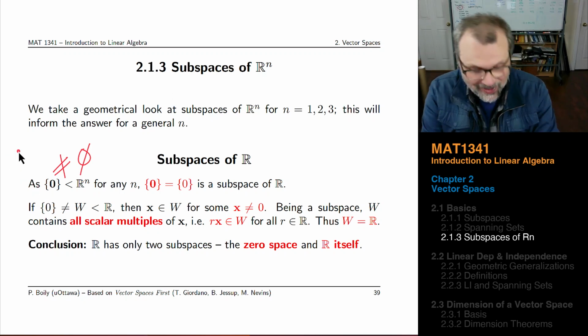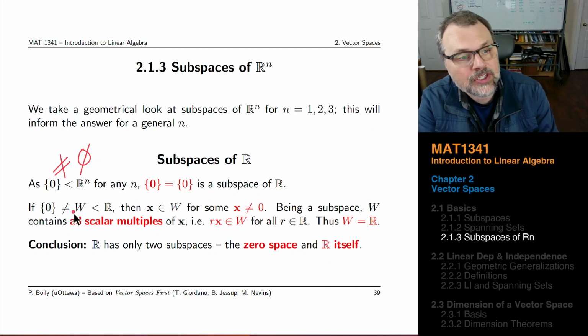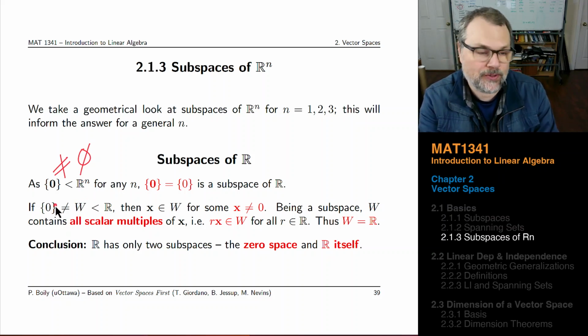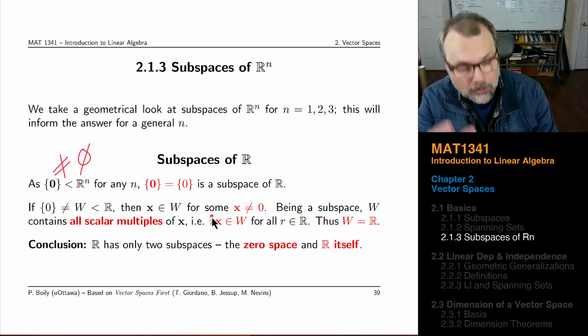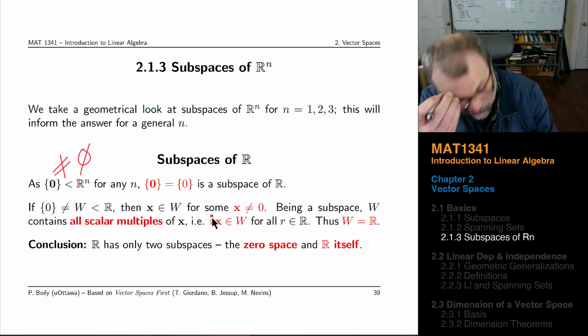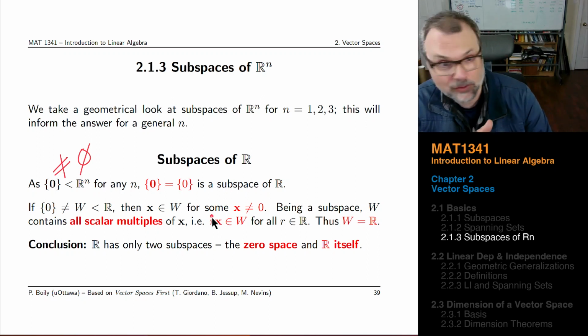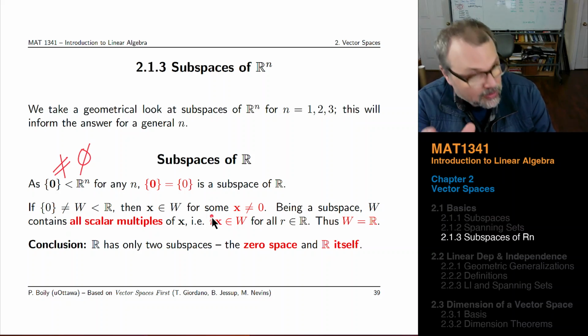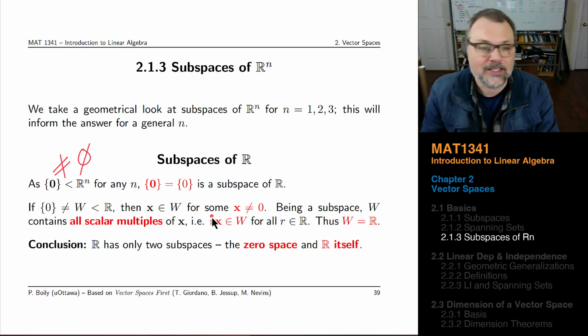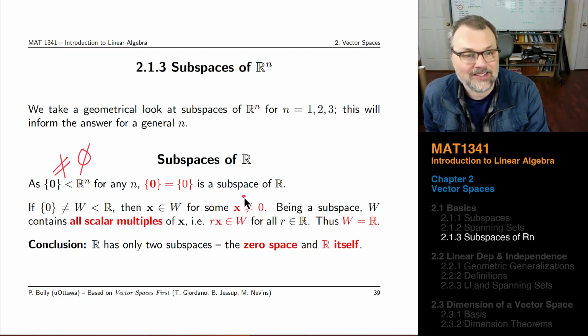Now, if you have any other subspace W which isn't just the zero subspace, so it contains something, call it X, which is not 0. If not, then the only thing it contains is 0, and then we're back in the zero subspace case. So a subspace which is not the zero subspace has to contain something which is not 0.